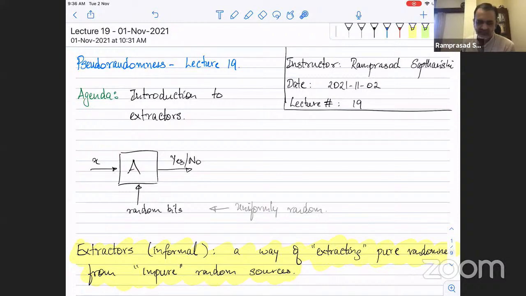We don't think too much about this, but let's ask ourselves: when these things are implemented in practice, when someone writes, I don't know, a library for something, where do we get these random bits from? Honestly speaking, we don't really get uniformly random bits. What is usually done is there is a random number generator, which takes a whole bunch of sources.